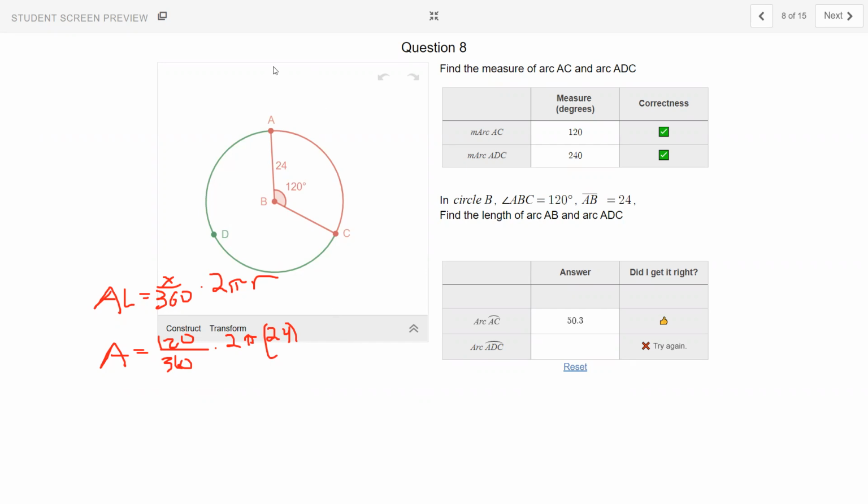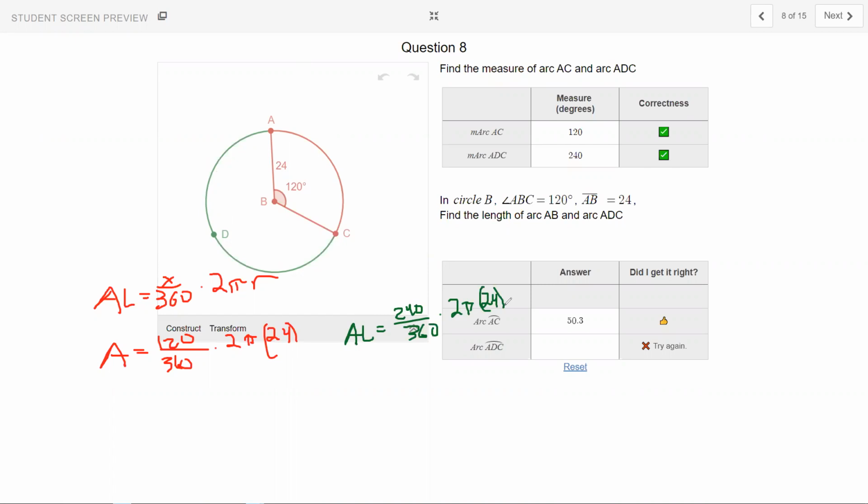All right, the green one. So the bigger arc. So we have to do 360 minus 120, right? The whole circle is 360. So 360 minus 120 is going to give us 240. So the arc length here for the green one should be 240 over 360. And then times the circumference, 2 pi, and the radius is 24.